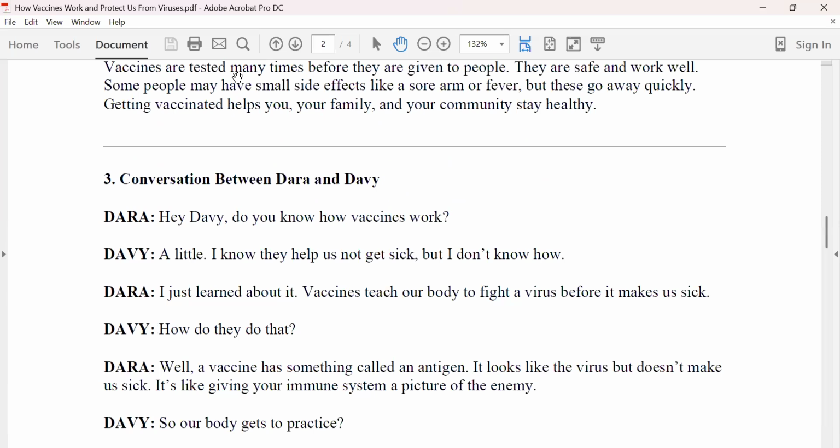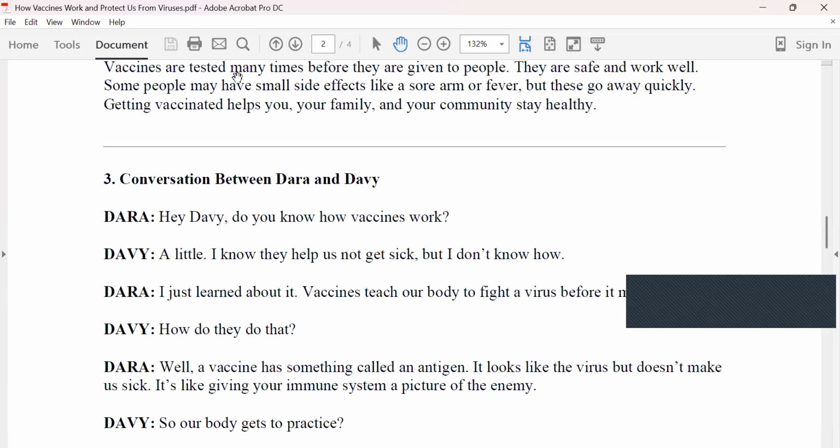How do they do that? Well, a vaccine has something called an antigen. It looks like a virus but doesn't make us sick. It's like giving your immune system a picture of the enemy. So our body gets to practice.